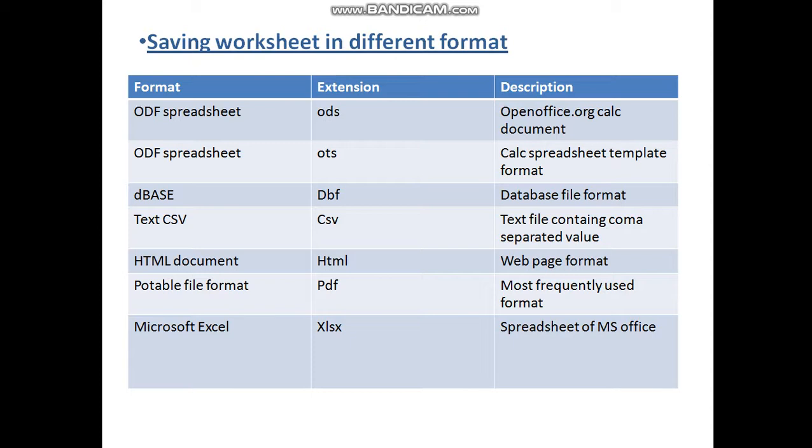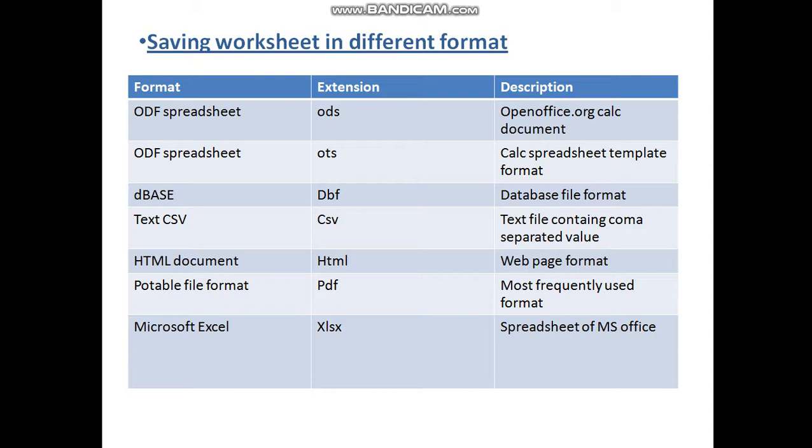Next, ODF spreadsheet template, extension .ots, the Calc spreadsheet template format. Third, dBase, .dbf, database file format. Text CSV, .csv, a text file containing comma separated values. HTML document, extension .html, web page format.